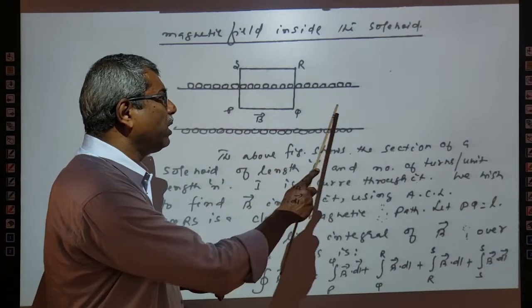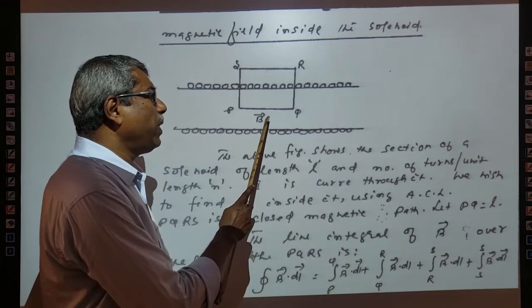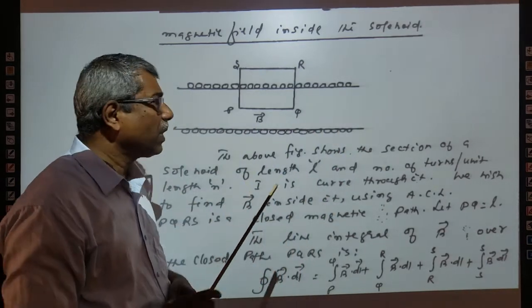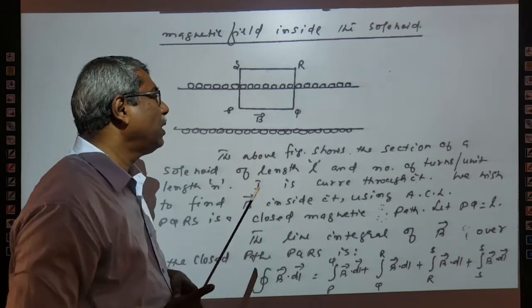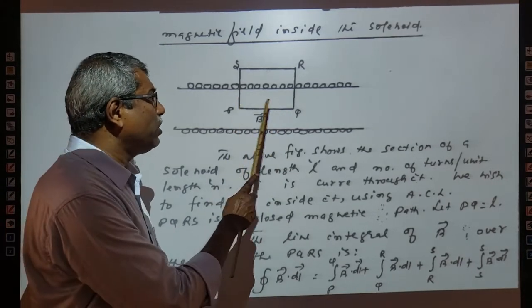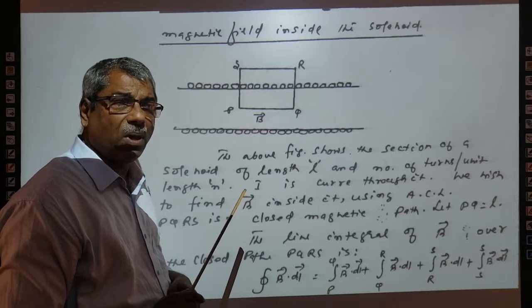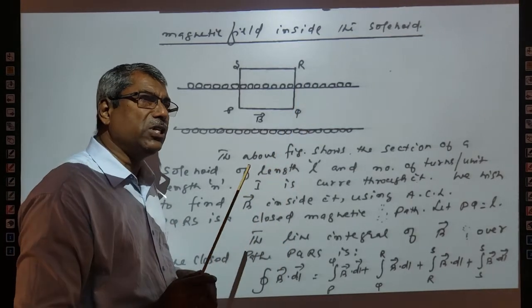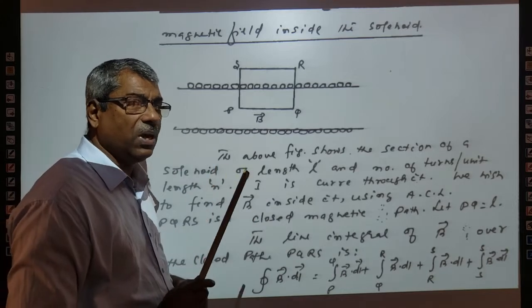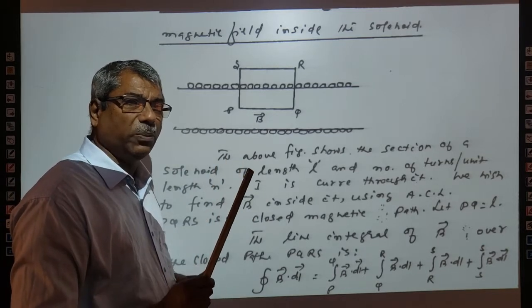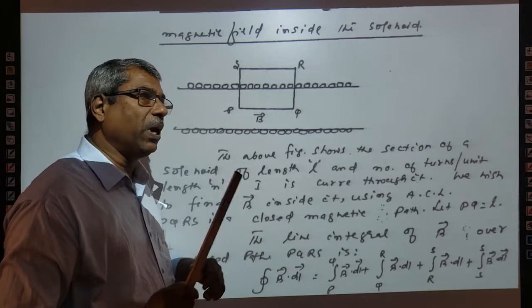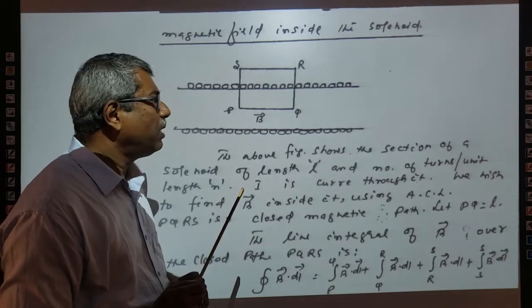Let us assume that the magnetic field inside is shown by this arrow mark along the axis like this. The length of this section PQ is l. One more thing is that this solenoid has a number of turns per unit length, which means small n is equal to capital N divided by capital L, right?